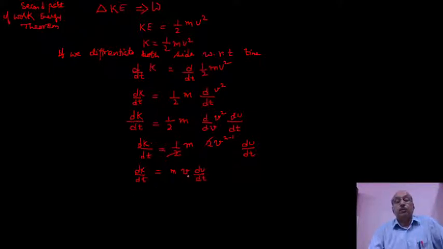Now how do we write this? dv by dt is acceleration, and m into a is the force applied on the object, and v is velocity, that is the rate of change of position.